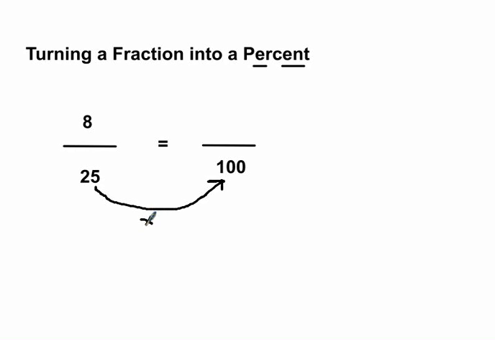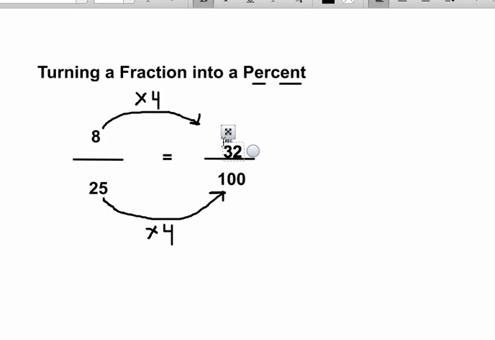So I'm increasing at that fractional rate times 4. And whatever you do to one side, you must do to the rest. So I'm going to take the numerator of 8 and also multiply that by 4. And I get the number 32. Therefore, we can say 8/25 is equal to 32%.